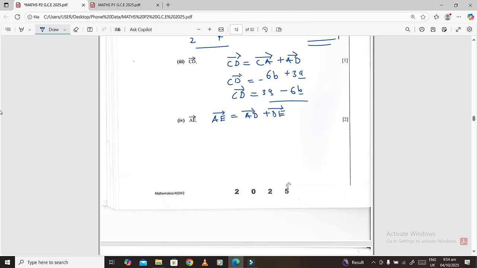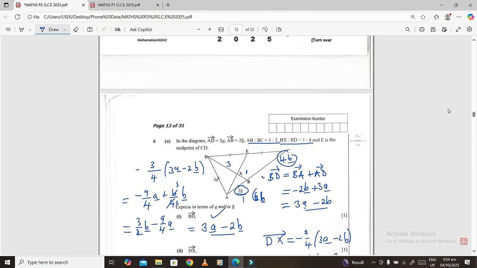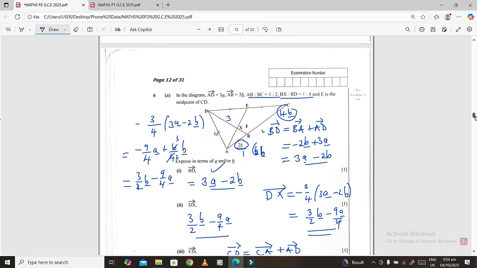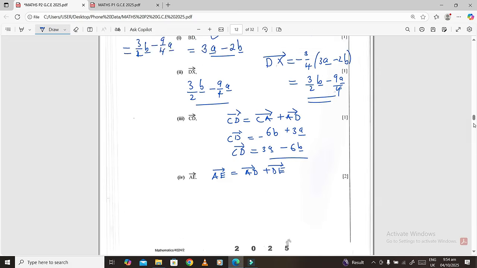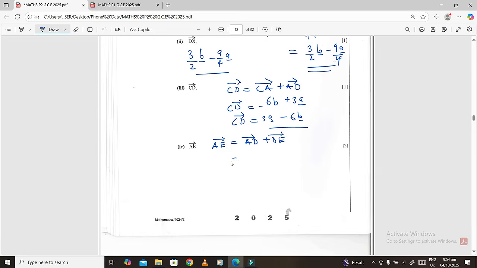So I hope you've seen AD plus DE. Do we have our AD? Yes, it's 3A. That is 3A plus. Do you have DE? Yes. It will be the negative of CD. So that is 3A minus 6B.